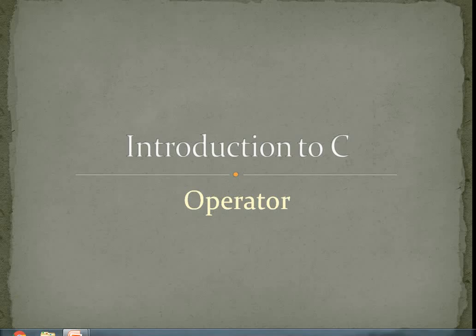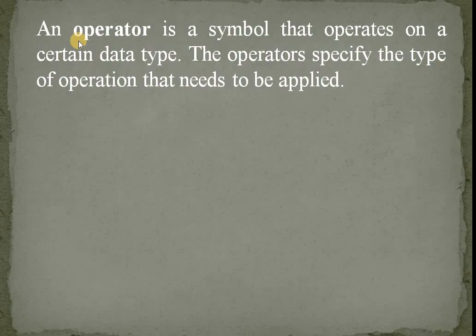Hello students, today we shall see the last point of this chapter, that is operators. Now what is an operator? An operator is a symbol that operates on a certain data type.